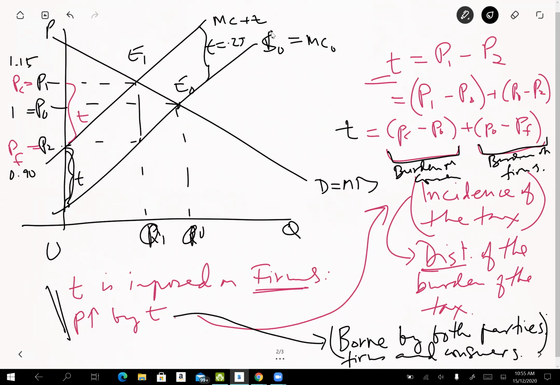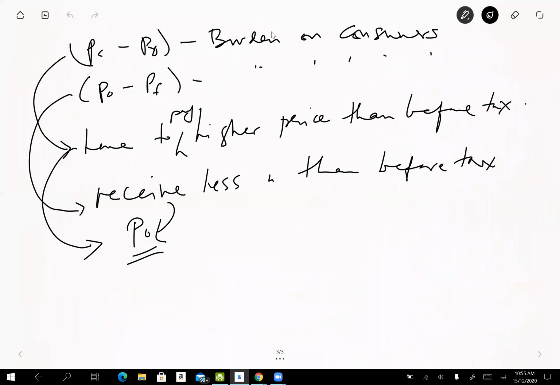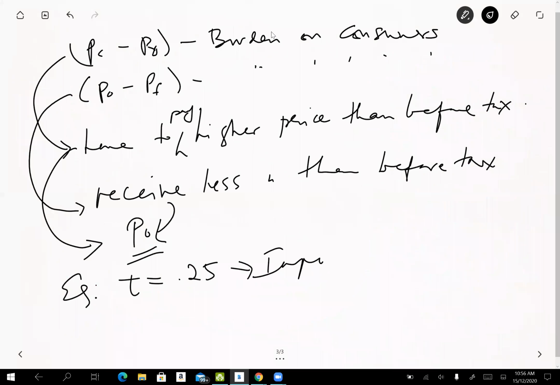So you will see here, for that example, the tax is $0.25 or RM0.25, imposed on the firms. As we can see, the supply will decrease by the amount of the tax, and you have the shift of the supply to the left.